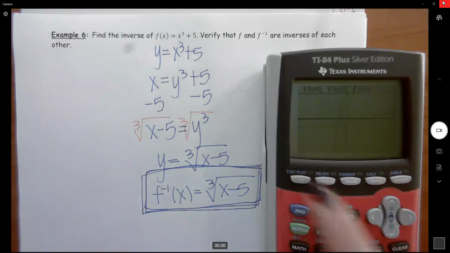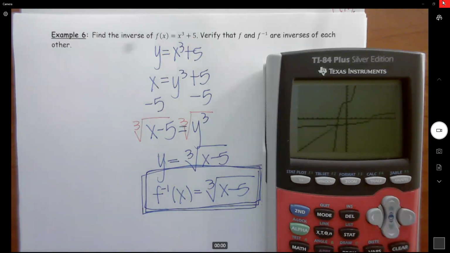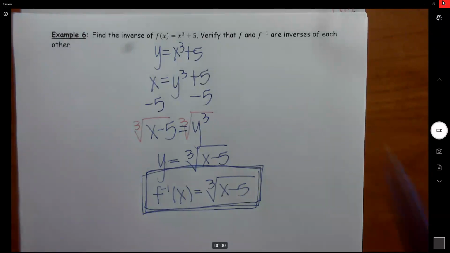And we can even make this a little bit more visual and put in our y equals x. And you can see there, they are mirror images of each other. But we're going to verify this algebraically.